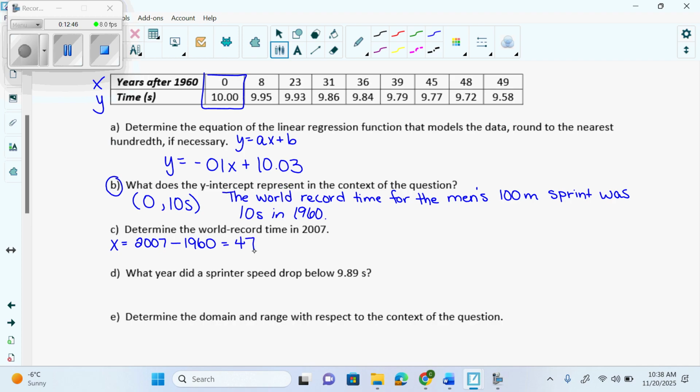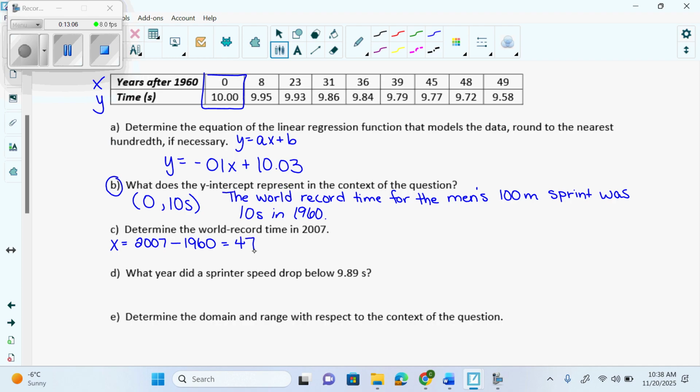If I put in 2007, that's actually 2007 years after 1960. Is that what it wanted? No. We had questions before where it actually kept the years, like 1994 or 1996, and that's what you put in. But this one doesn't have that. It says years after 1960, so you really have to read your questions to see what they want.